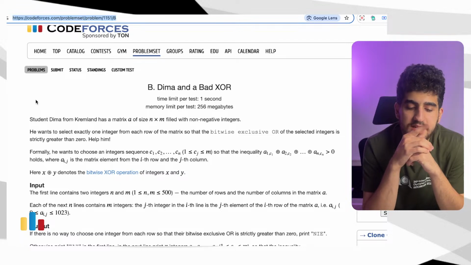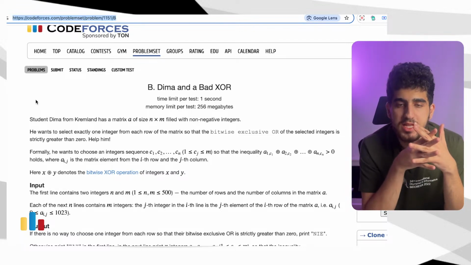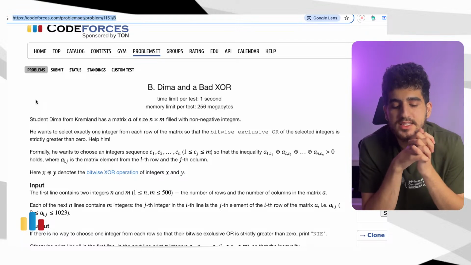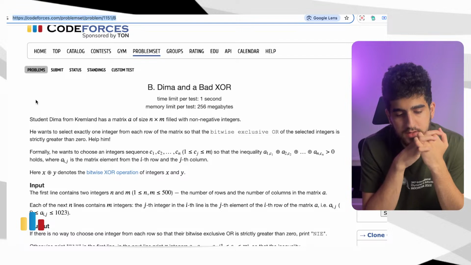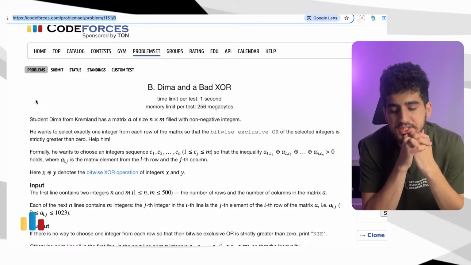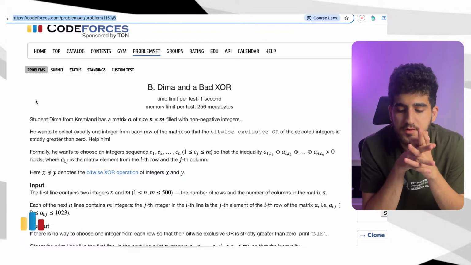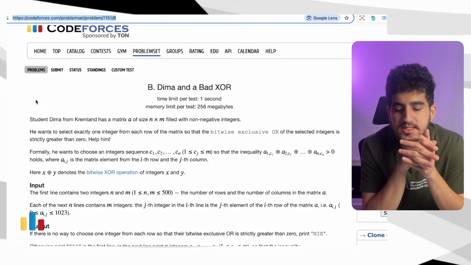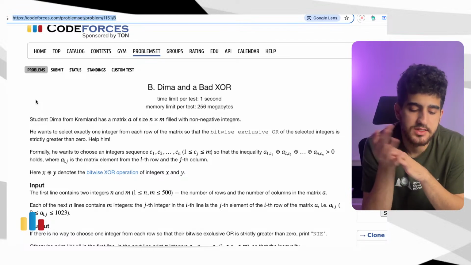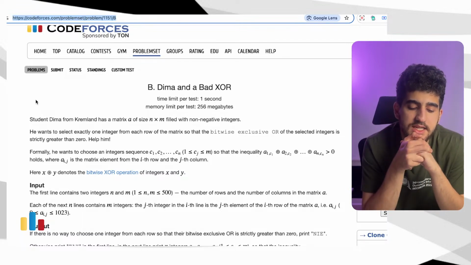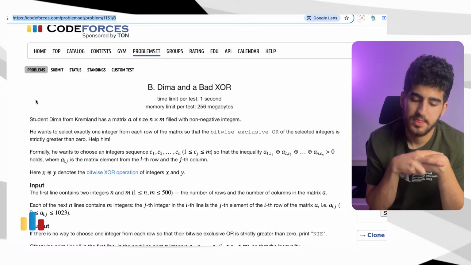He wants to select exactly one integer from each row of the matrix so that the bitwise exclusive OR of the selected integers is strictly greater than 0. Help him. Formally, he wants to choose an integer sequence C1, C2 to Cn so that the inequality A of 1 and C1 XOR A of 2 and C2 XOR ... XOR A of n and Cn is greater than 0 holds, where A of i and j is the matrix element from the ith row and jth column.